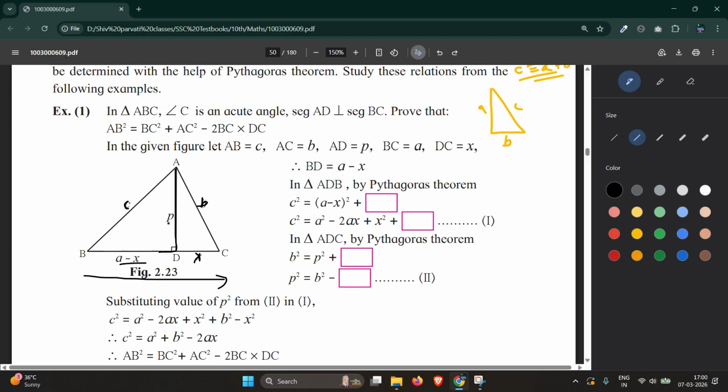Then we get that C squared is A minus X whole squared plus P squared, because this P is the other side.